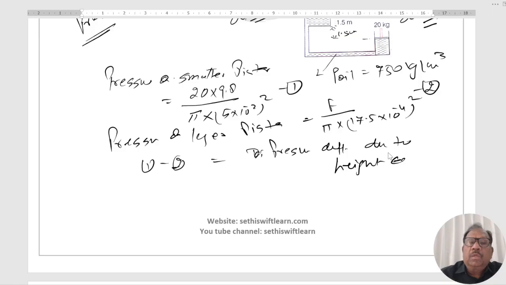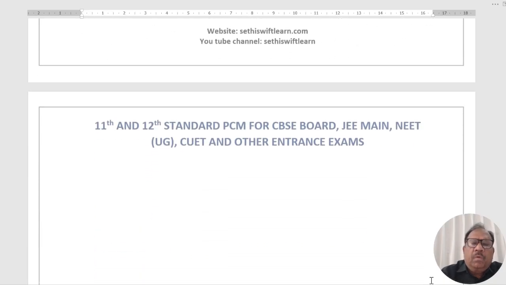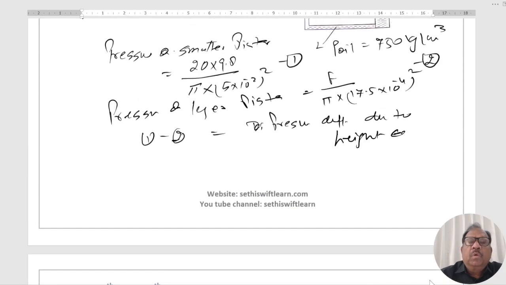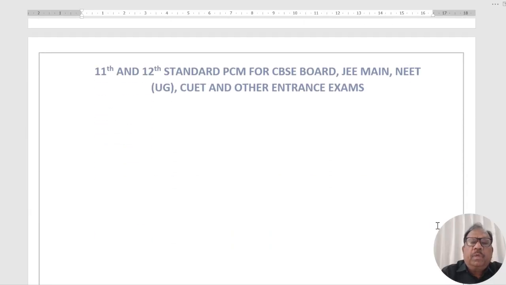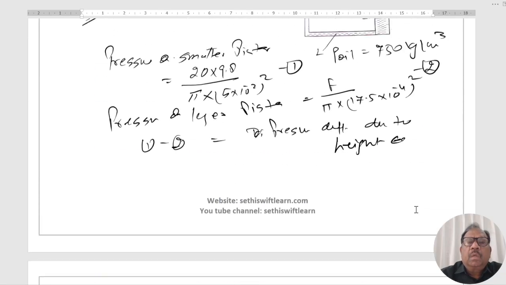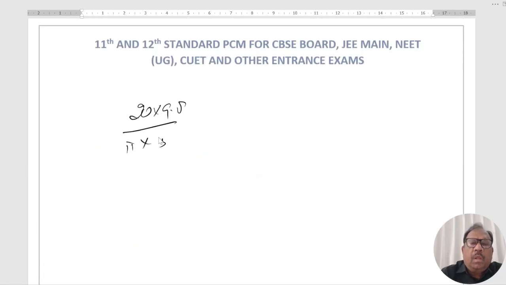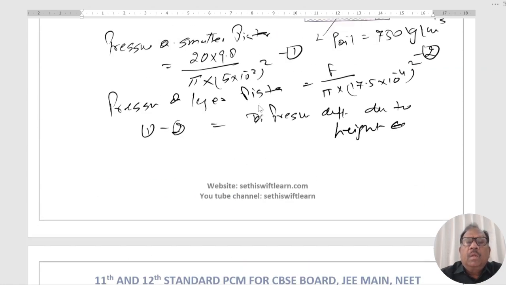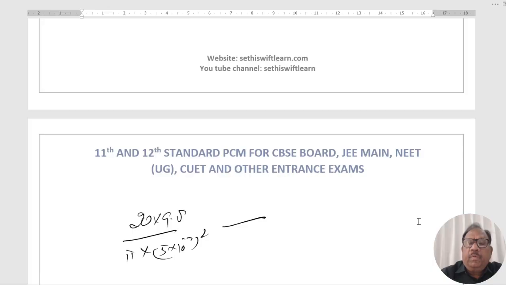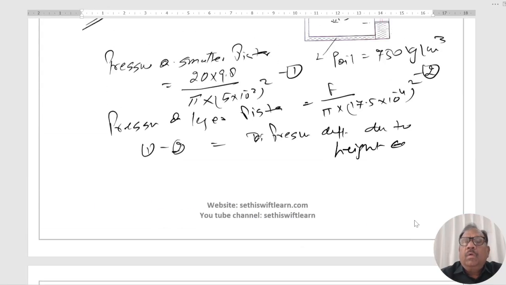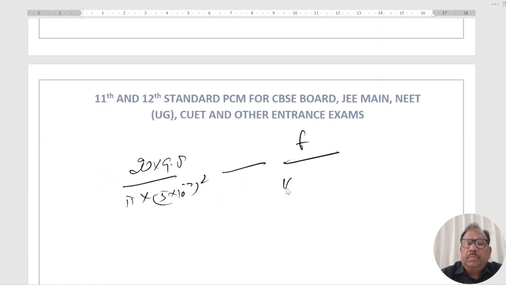This comes out to be 1 minus 2: 20 into 9.8 upon pi into 5 into 10 to the power minus 2 whole square, minus F upon pi into 17.5 into 10 to the power minus 2 whole square.